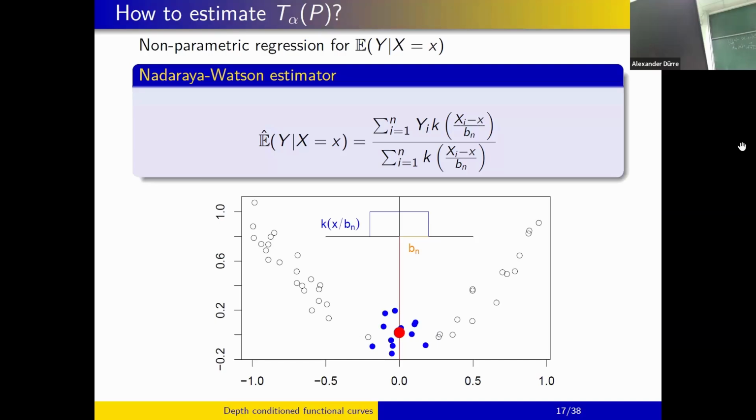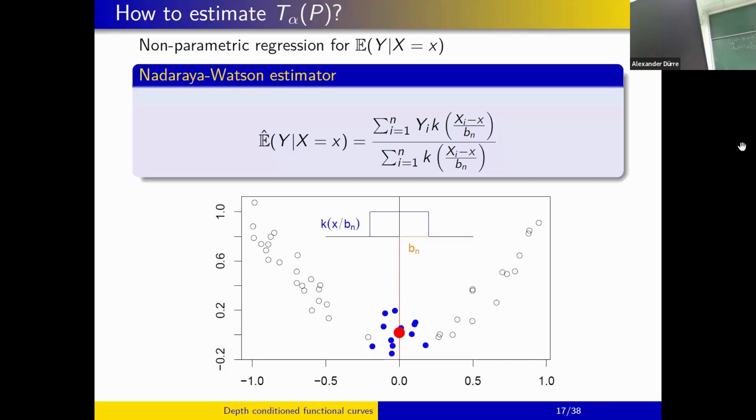So if you want to compute the conditional expectation of y given x, for example, in this red point, it would be logical to take into account the points which are close to the red point. And that's what this estimator is doing.